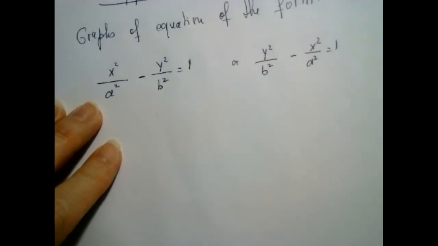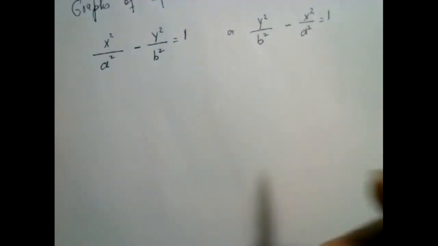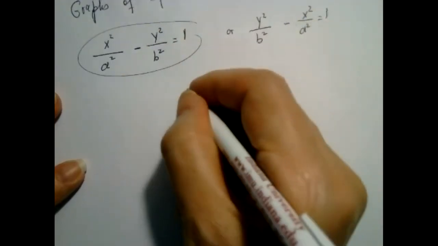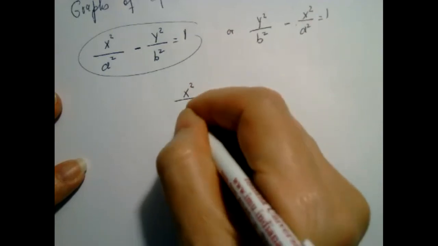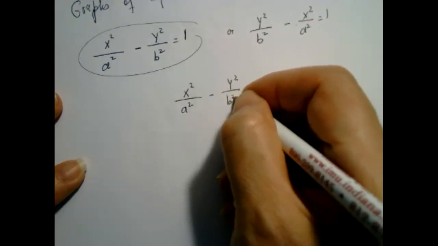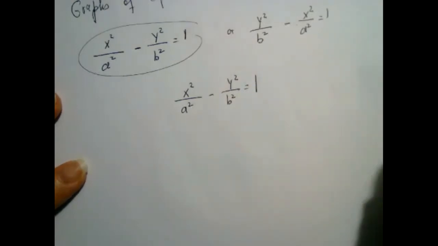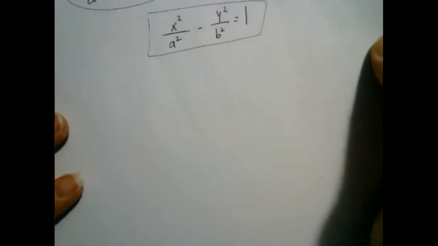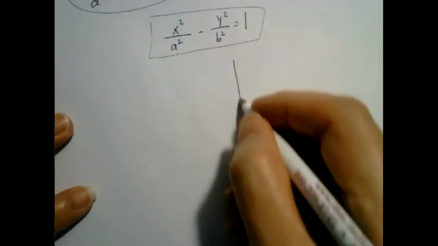First I'm going to graph this one, and then next time I will talk about the other. The graph would look like this. So this is the graph of that equation equal to 1. Let's see how the graph looks like. The graph looks like that.